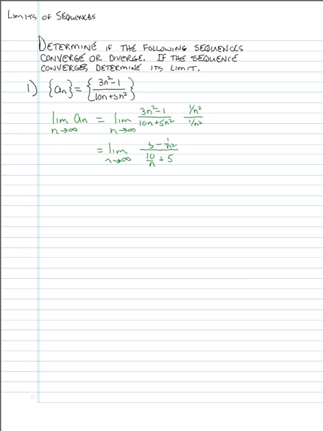And then we can easily determine that limit, because the limit of 1 over n squared goes to 0 as n goes to infinity, and 10 over n goes to 0 as n goes to infinity. So the limit we get here is 3 minus 0 over 0 plus 5, which of course is 3/5. So it converges, and it converges to 3/5, doesn't it?